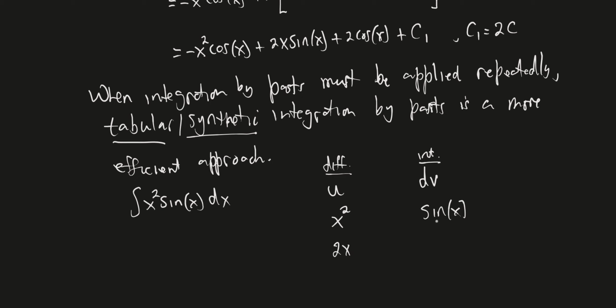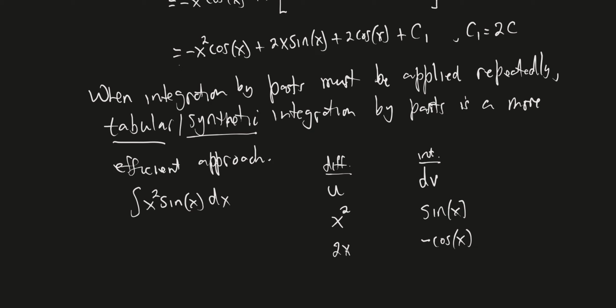If I integrated this once, I would get the negative cosine of x. You might remember these two functions from the first iteration of parts. If we were to stop here and did our u times v, that would be multiplying these two, and that's what we did. We took the x squared and multiplied the negative cosine x. That's why we got this term right here.